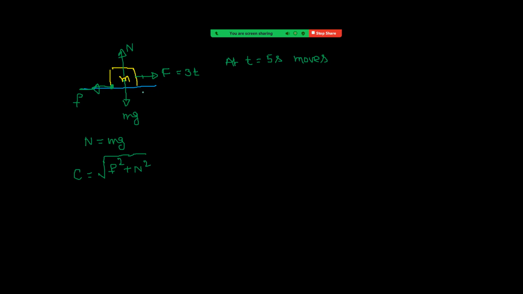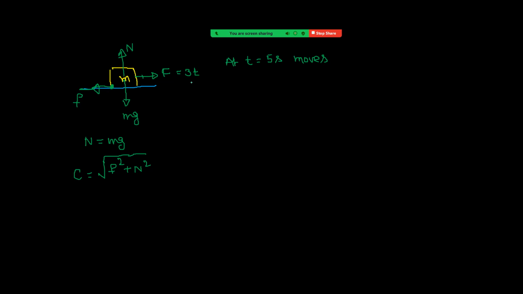Here, when the block is at rest, that friction is called static friction. And the maximum value of static friction is called limiting friction.